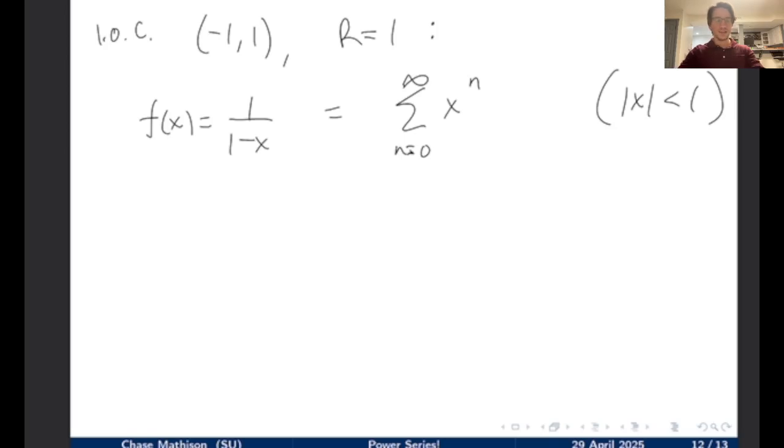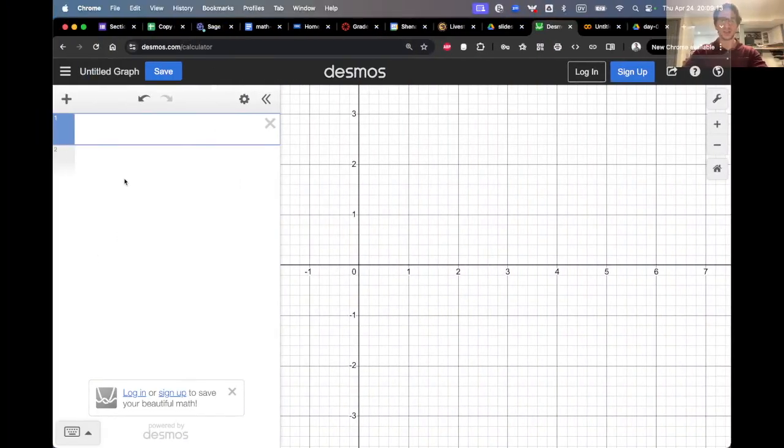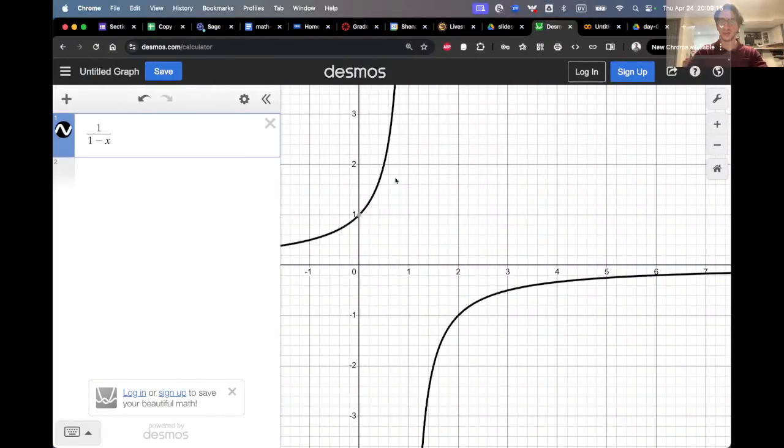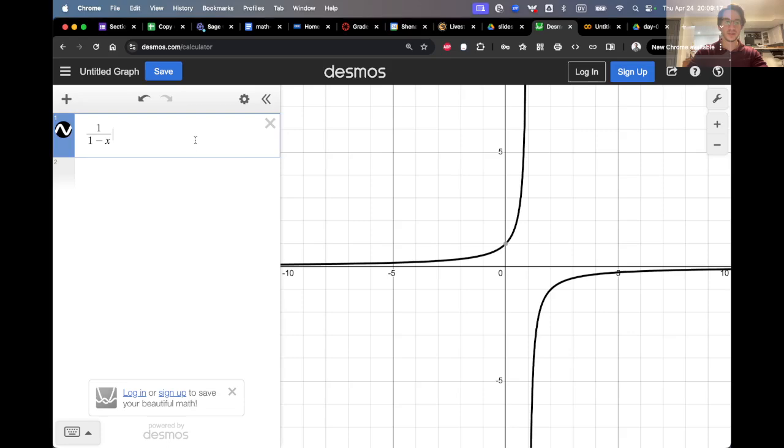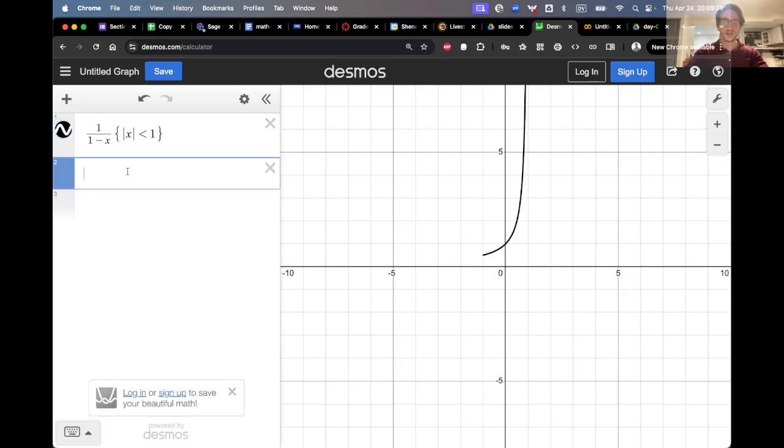Let's go verify this in Desmos really quick. If I go into Desmos and look at 1 over 1 minus x, specifically for absolute value of x less than 1, and compare it to the sum n equals 0 to infinity, which, there's going to be a tiny bit of weirdness because Desmos hates infinity, so I'm just going to go 0 to 100 of x to the n.